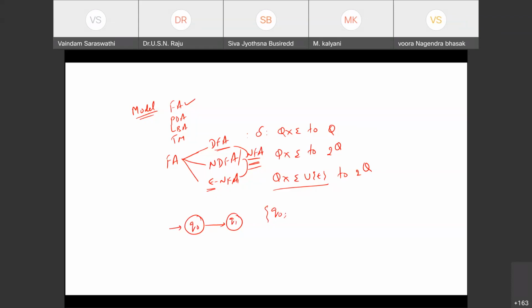We have not mentioned the epsilon symbol. When I have not mentioned it, don't think that there is a way to go to Q1. Only if you write epsilon does it mean that you can go from Q0 to Q1 without consuming any input. So if I say Q2 here, is the string A accepted by this model?